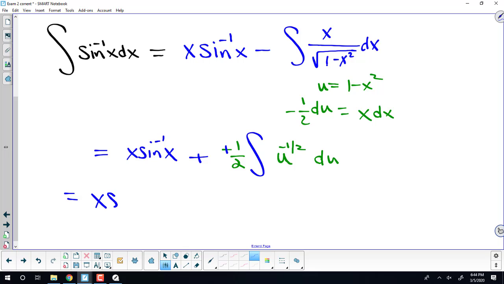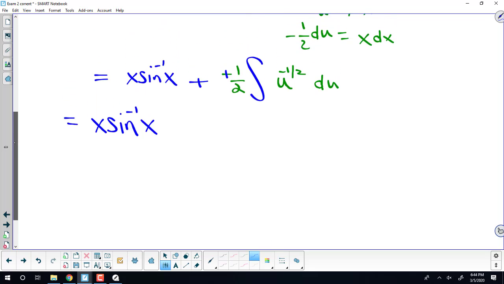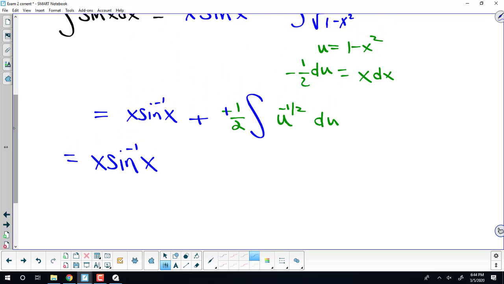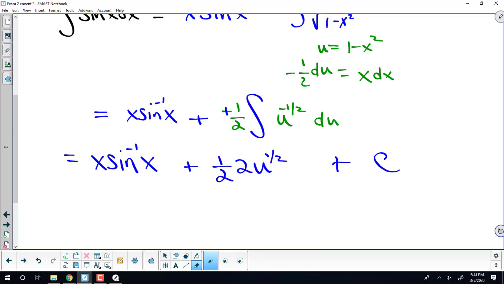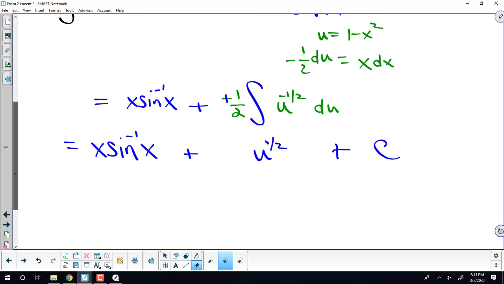So you have x inverse sine x, what do we get here? Plus 1/2 u plus 1, so u to the 1/2 times 2, plus constant. And then resub, u was 1 minus x squared.